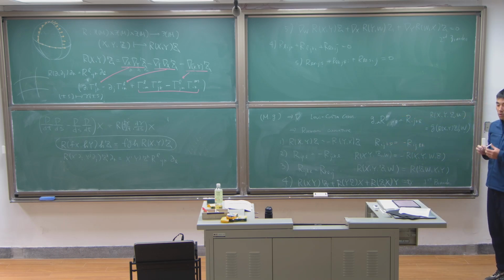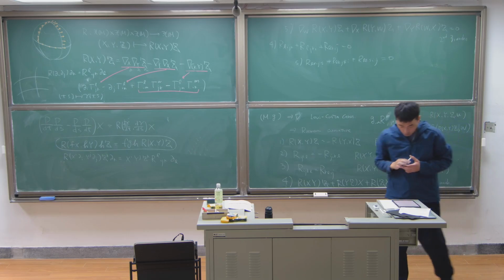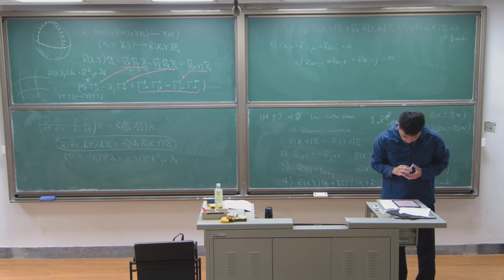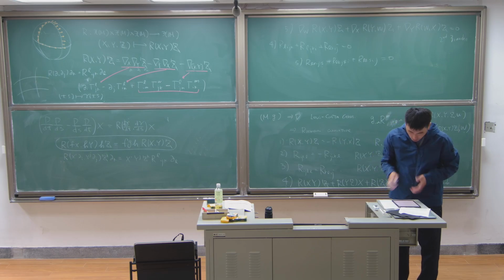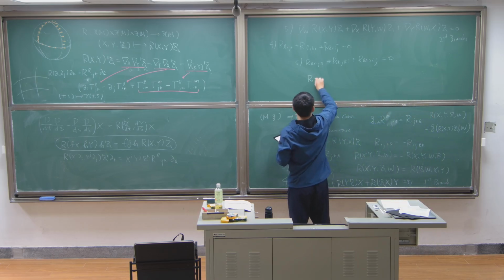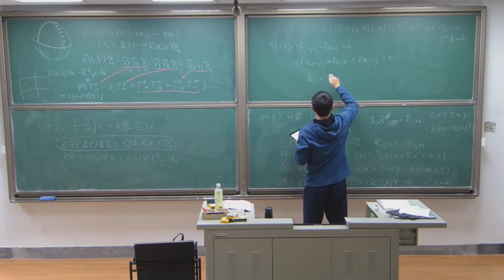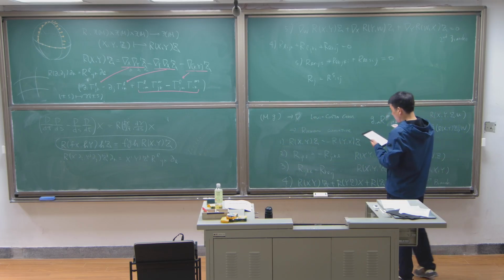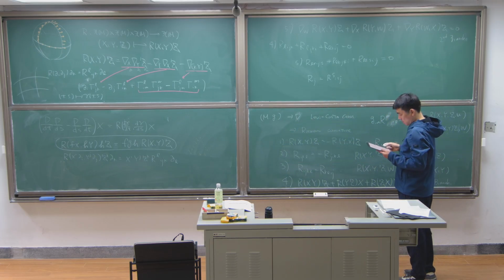In local coordinates, we can do this. Then one can define the Ricci tensor, which is just the contraction between the first and third indices of the tensor.